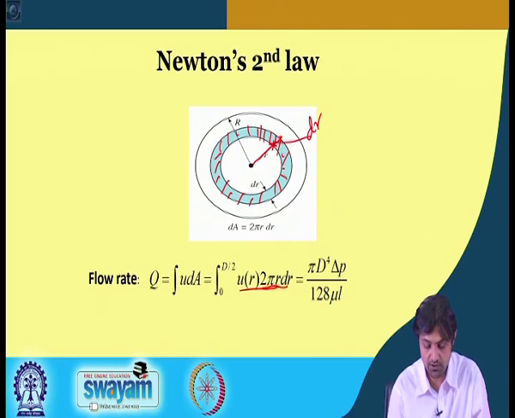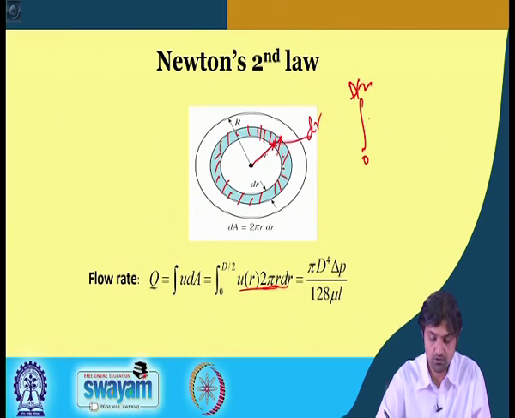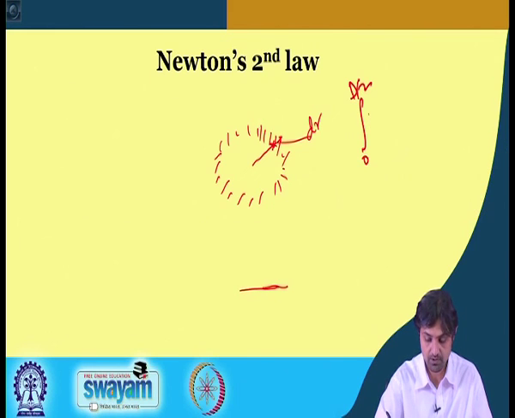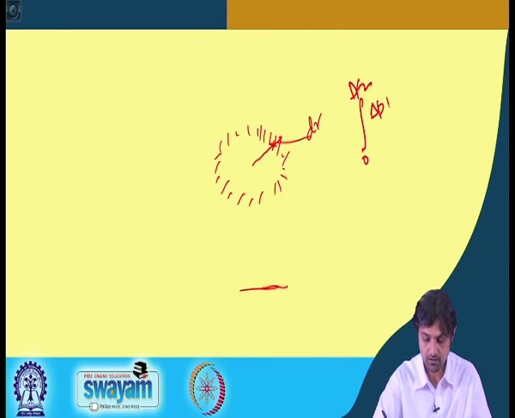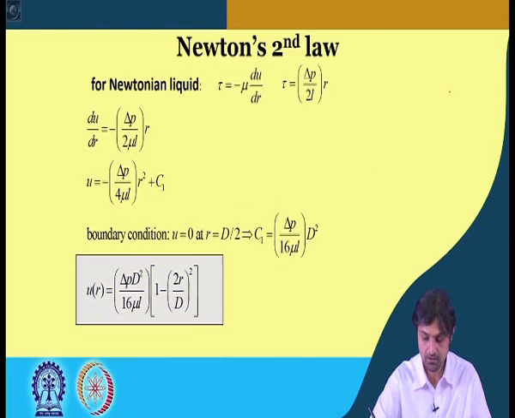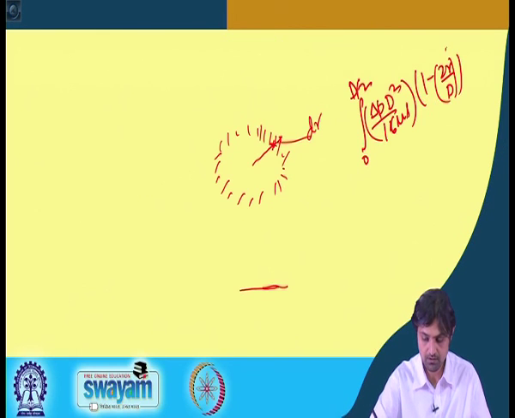So integral 0 to d by 2 of u(r), which was delta p d square by 16 mu l into 1 minus 2r by d squared, into 2 pi r dr.